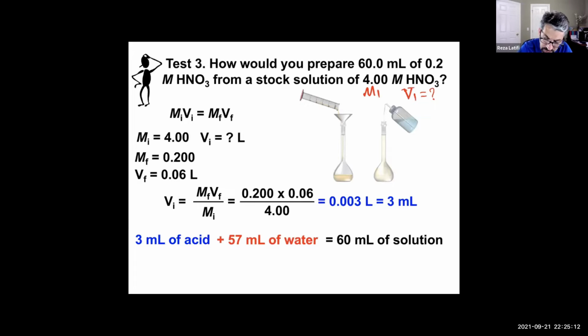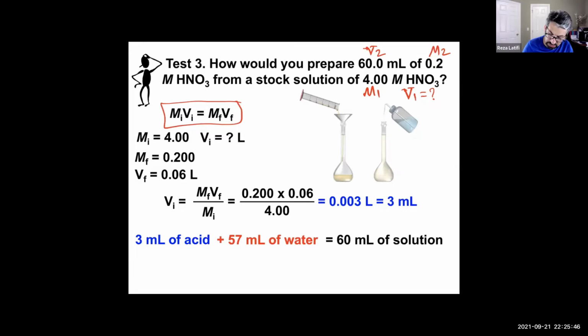Now, this one will be M2, so the volume for it will be V2. I go M1V1 equal to M2V2, or initial concentration multiplied by initial volume equals final concentration multiplied by final volume. I'm looking for V1, and as you see, I simply take the numbers, multiply them, divide by the initial concentration, and it gave me 0.003 liter.